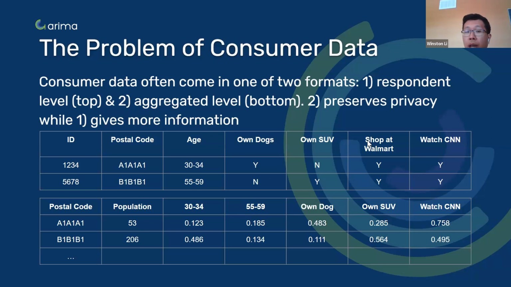Alternatively, you also have something called aggregated level, and this is the bottom data set, where rather than having a record for each person, you now aggregate people to the postal codes.